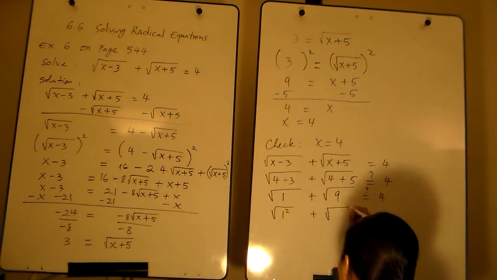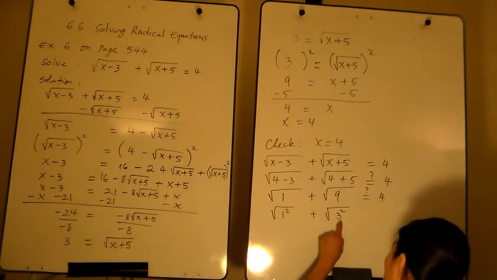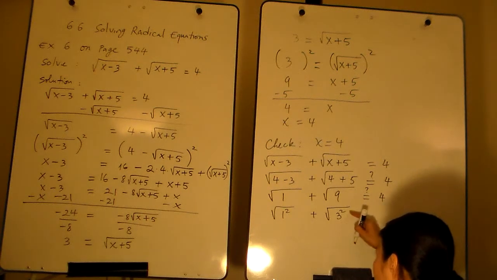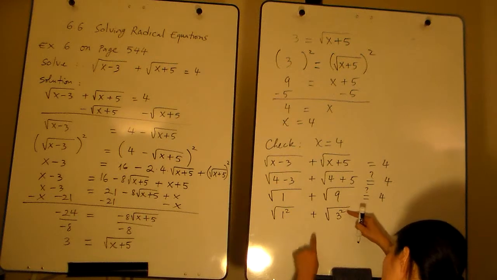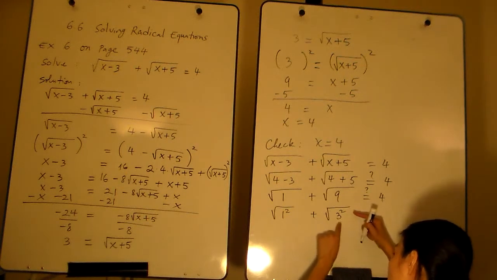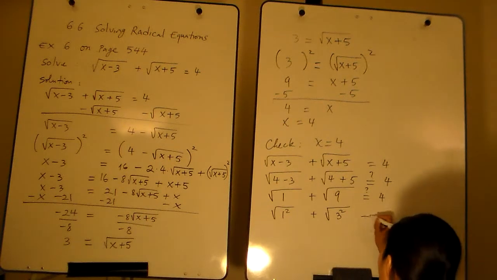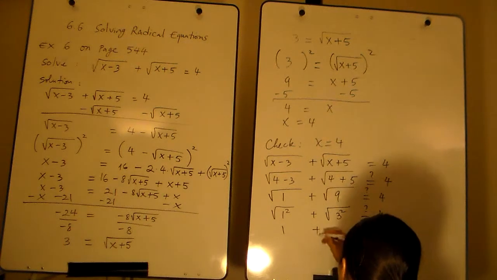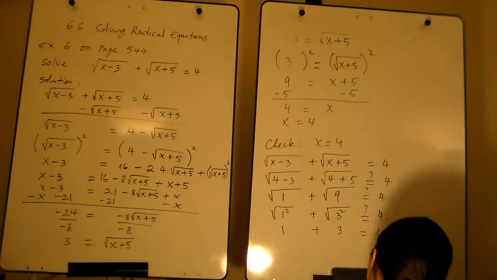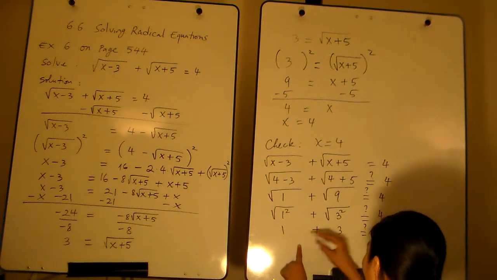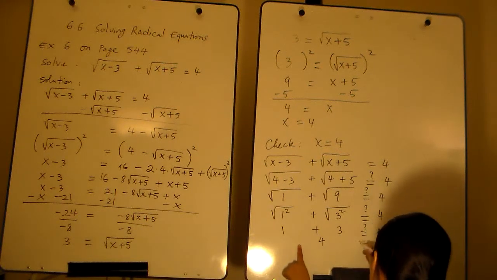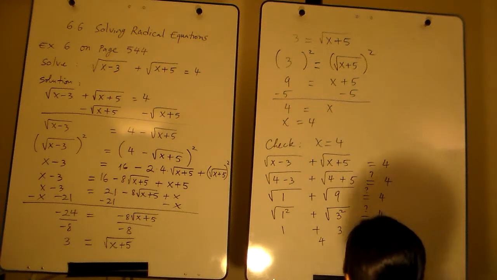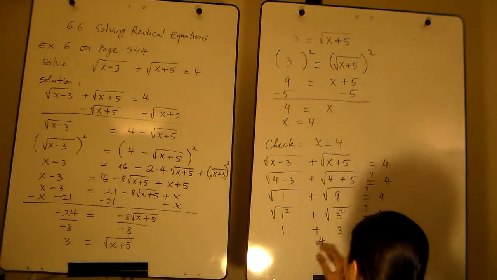Same thing, I can rewrite this 9 as 3 squared, because 3 squared is equal to 9, and if this 3 has the exponent 2, equal to the index 2, I can simplify this square root. So this simplifies to 1, this simplifies to 3. 1 plus 3 is 4, equal to 4.